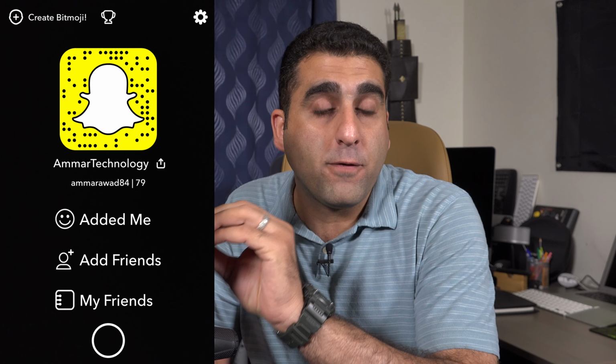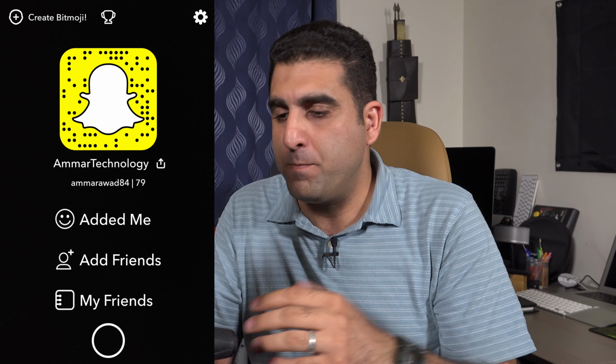So 60 multiplied by 2 equals 120. So I should use a shutter speed value in this camera of 1/120th of a second in order to have a correct exposure for my video using this camera. So the correct value should follow the 180-degree rule.